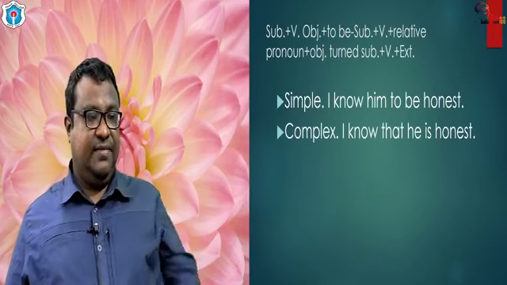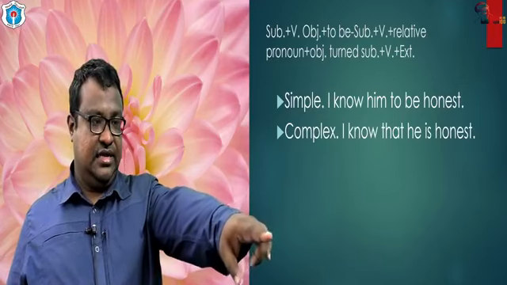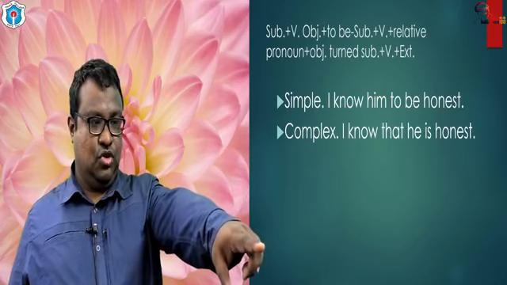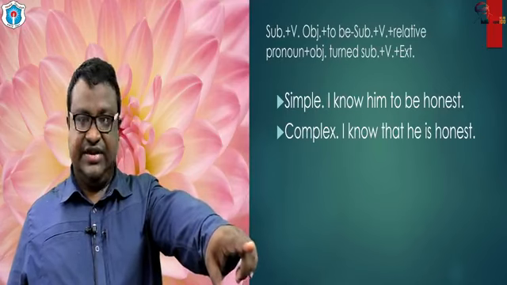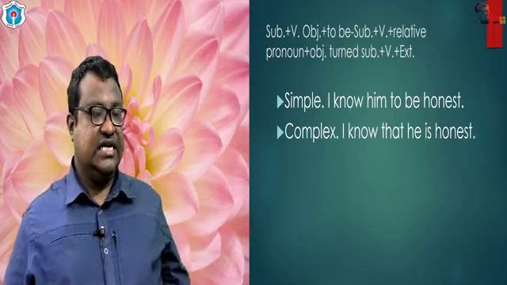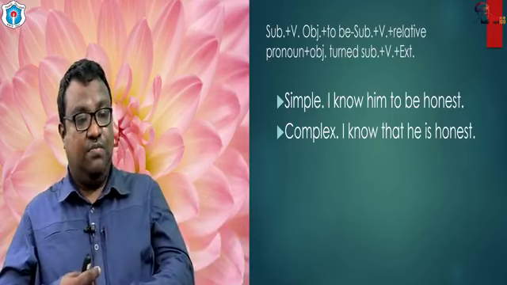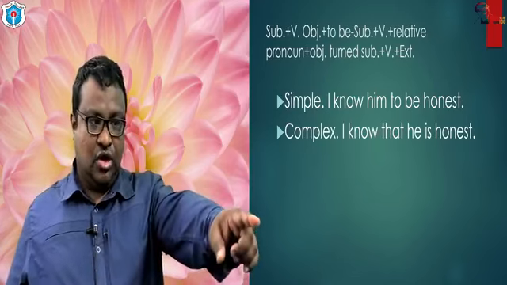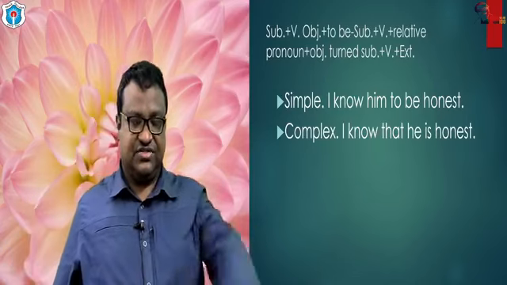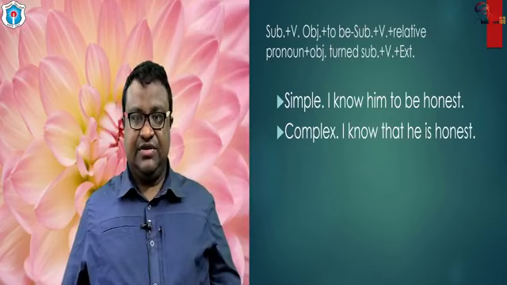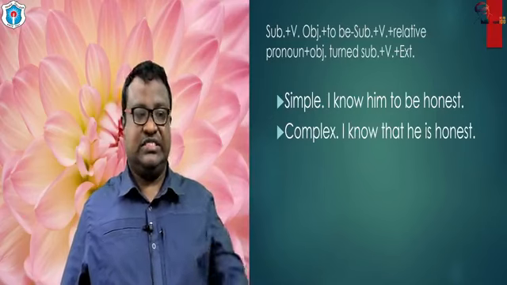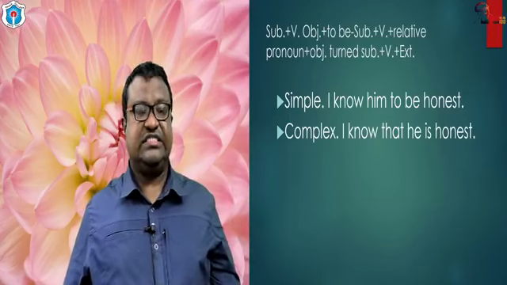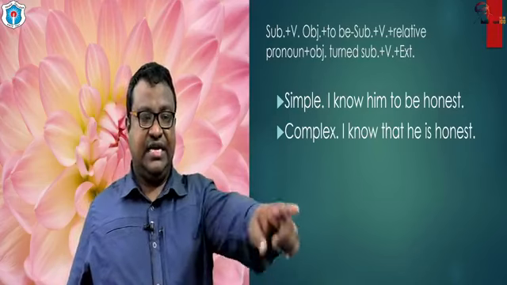So it will be like subject I plus verb know plus the relative pronoun that plus the subject. That is, the object of this sentence when it was in the simple form was him. Now it will be the subject for the subordinate clause, that is he. Him will be turned into he.